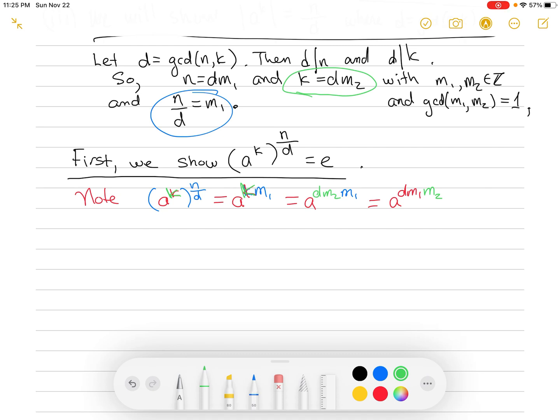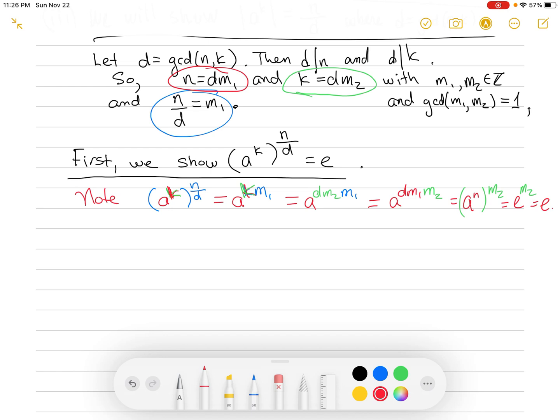So I just switched m1 and m2. And wait a second, what is dm1? If you go back here, dm1 is n, so this is actually a to the n raised to the m2 power, using reverse properties of exponents. But a to the n is the identity, because a has order n, so this is the identity to the m2, which is the identity.